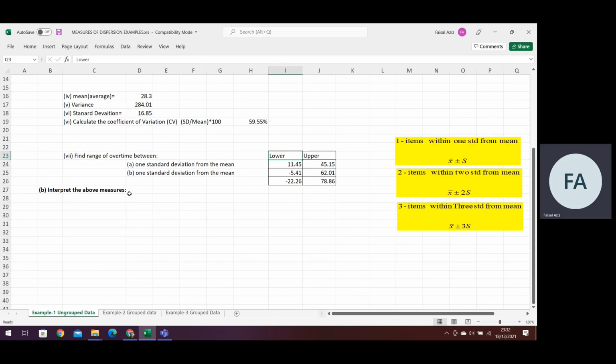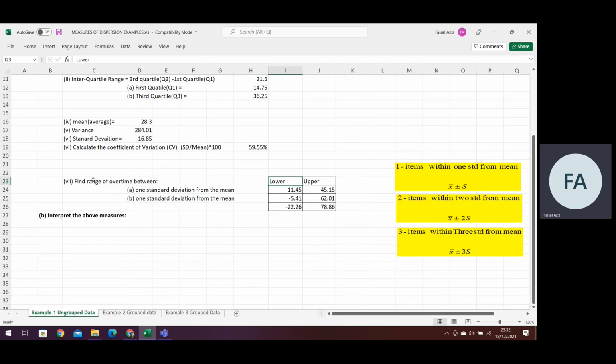Interpret the above measures. So we have calculated these measures. Mean, you know it very well. Simply you can write that the average of all these given data set is 28.3. Variance, it shows variations. Standard deviation, it shows how far the observations are, what is the deviation in the data set.